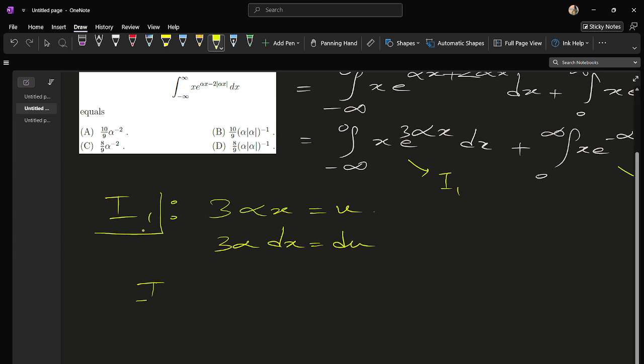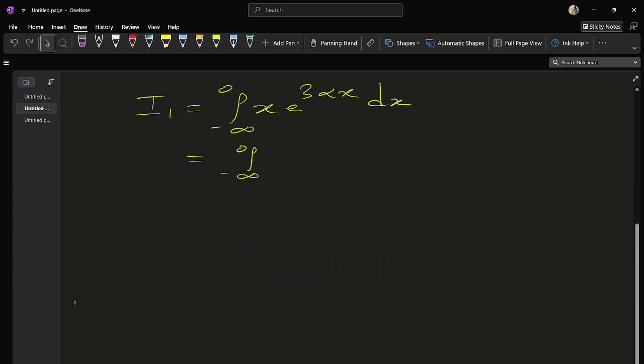This integral I1, which is the integral from minus infinity to 0 of x e to the power 3 alpha x dx, becomes the integral from minus infinity to 0 where x is u by 3 alpha, e to the power u, and dx is du by 3 alpha.